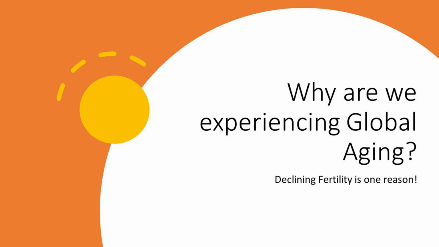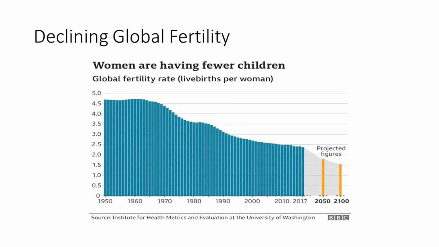The number one issue is declining global fertility. Not the number of babies born, but the number of births. And we look at it by age group. So we look at live births per woman, and then we have projections, and it doesn't take much to see that it's been in a decline and it's continuing to decline.